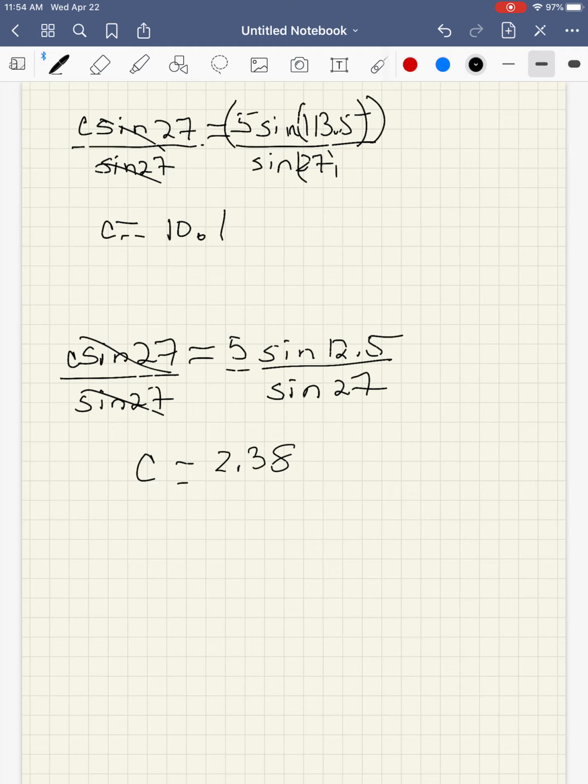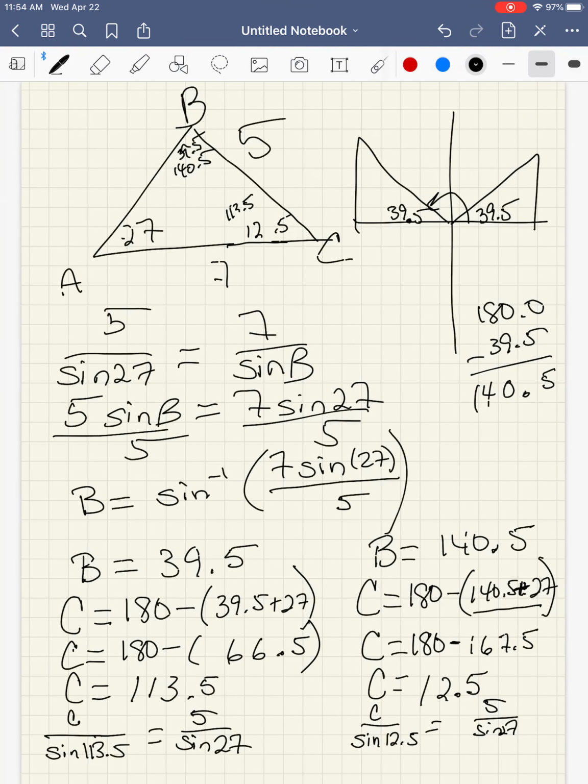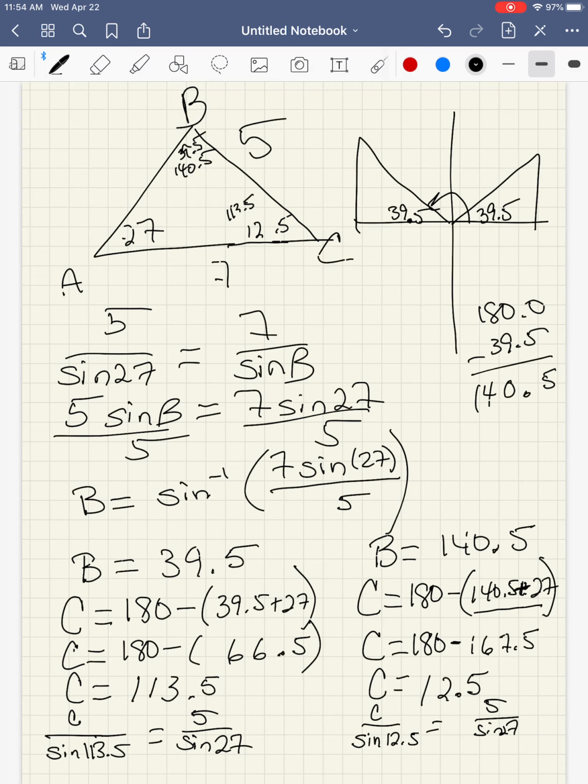It won't always. If you get an error message and it says dim mismatch or something like that, then you know you can have no such triangle. All right, remember when you set it up, and you get to this point right here, this is going to tell you whether you have one triangle or two triangles.